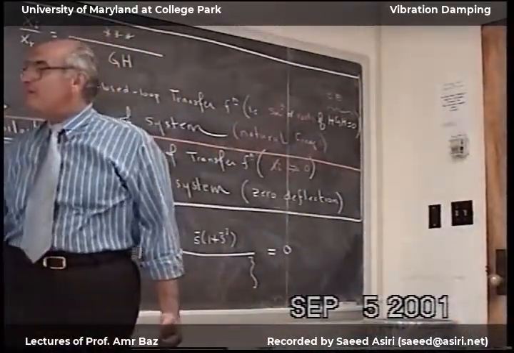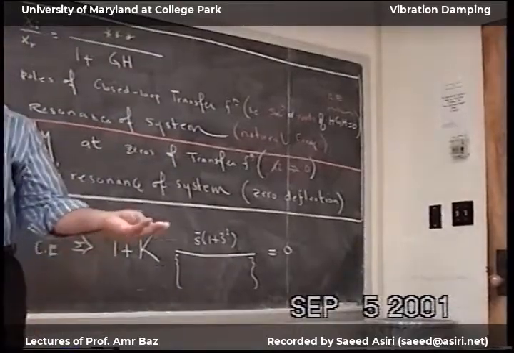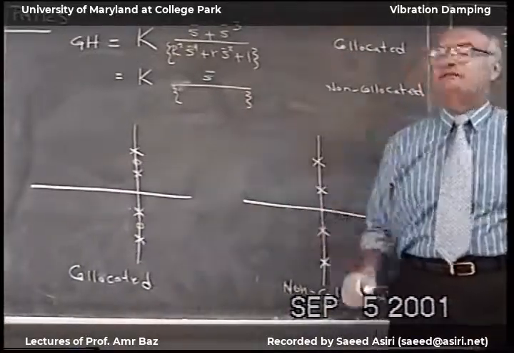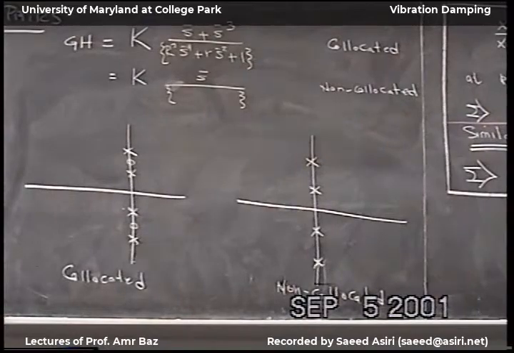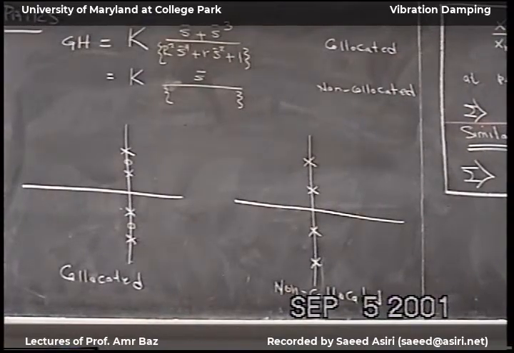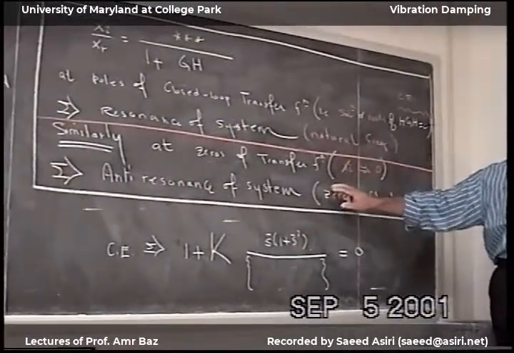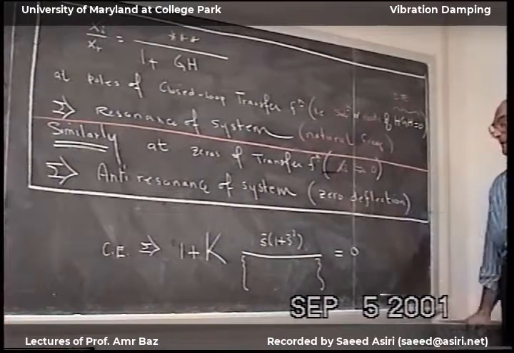We'll have some of them on the real axis, and our job is to make them migrate to the imaginary axis. Now again, we try to avoid this condition, so we avoid resonances, and then we will try to play with the zeros so we can have very small amplitudes and stable performance.